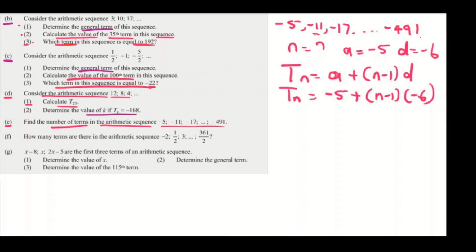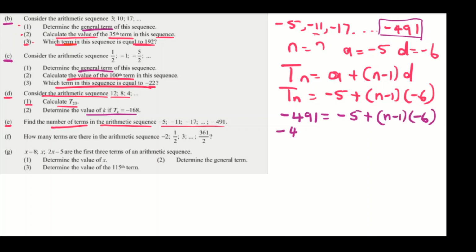So we can simply substitute this. This last term is going to be here at minus 491 because we're going to identify the number of terms of the entire sequence, right? Hence the tn is equal to minus 491. It's equal to minus 5 plus n minus 1 multiplied by minus 6, right?